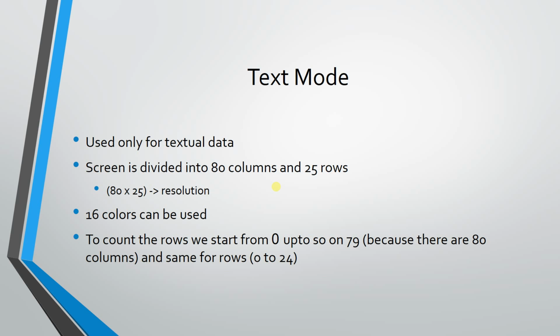In this mode we use 16 colors, and to count the columns we start from 0 up to 79, because there are 80 columns, and same for rows, there are 25 rows, and we start from 0 up to 24.